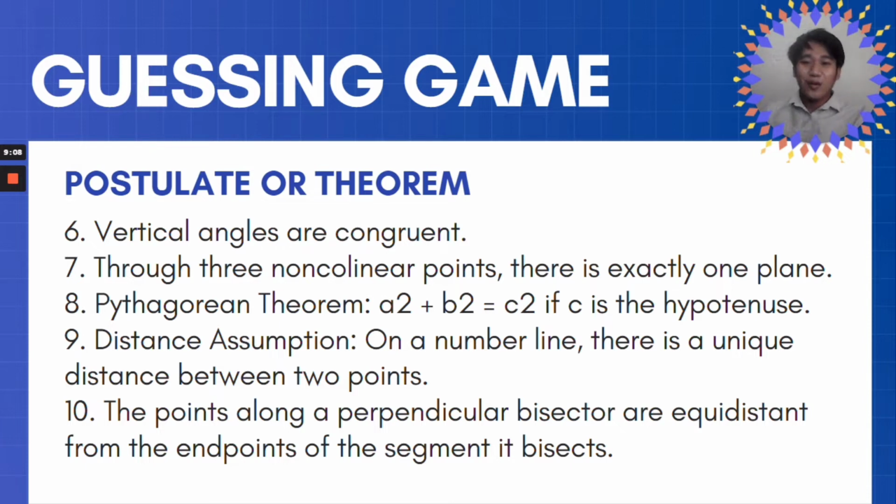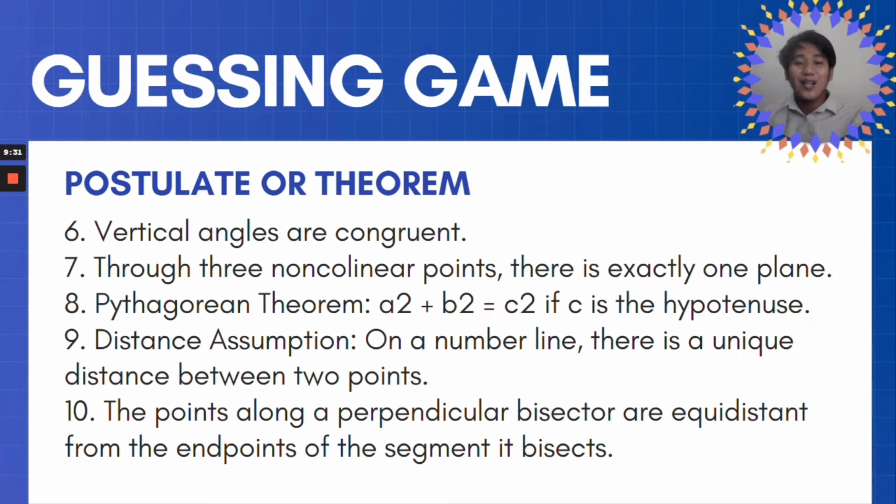7. Through 3 non-collinear points, there is exactly one plane. 8. Pythagorean theorem: a squared plus b squared equals c squared, if c is the hypotenuse. 9. Distance assumption: on a number line, there is a unique distance between 2 points. Number 10.